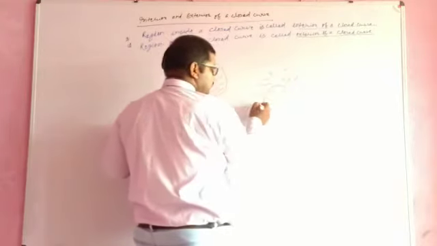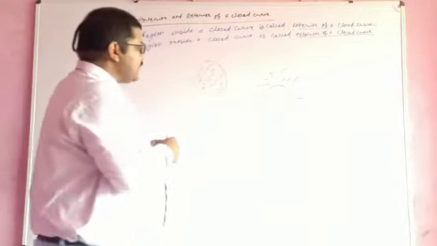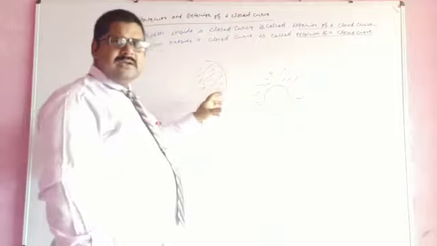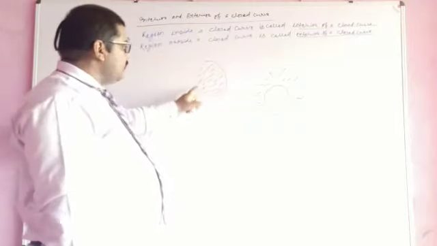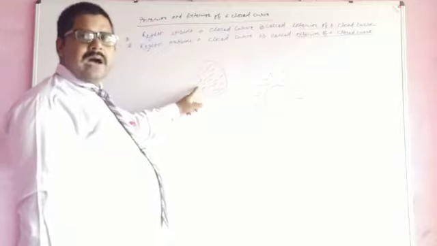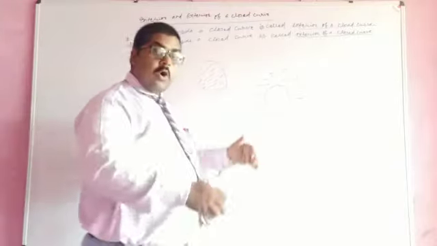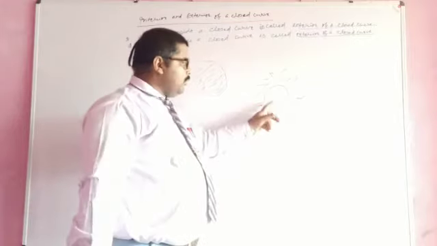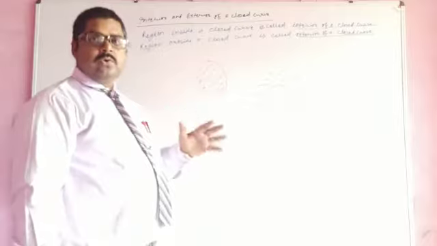Two regions. Understood? Similarly, you can define it as: the region which is inside the closed curve is known as the interior part of a closed curve, and the region which is outside of the closed curve is known as the exterior part of the closed curve.